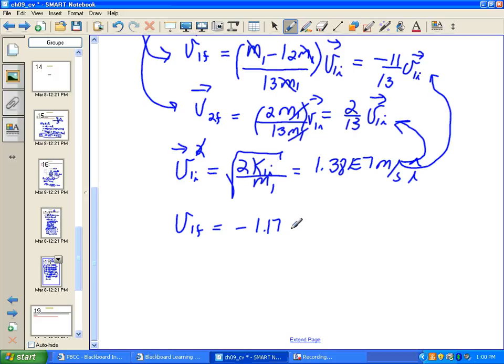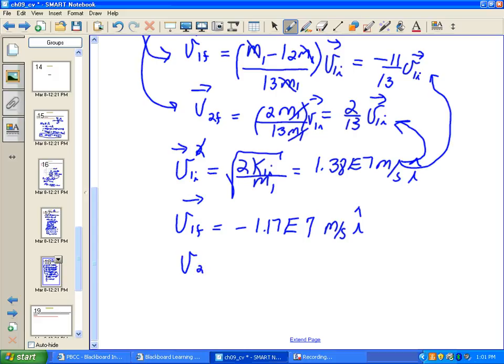So what we see here is that the neutron is going to bounce back after the collision. It makes a head-on collision with the carbon atom. The carbon atom is 12 times more massive. And so this poor neutron is going to rebound and bounce backward in the minus i hat direction.